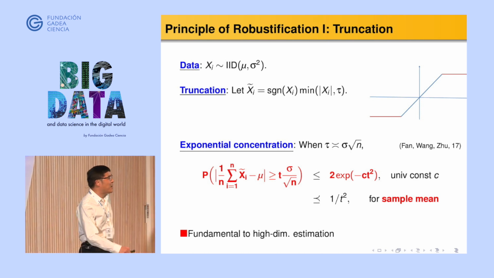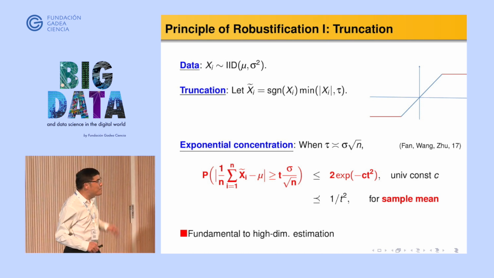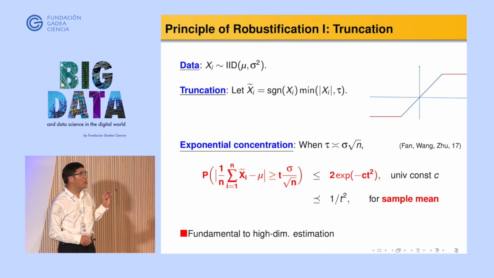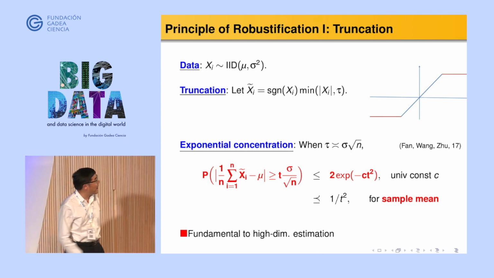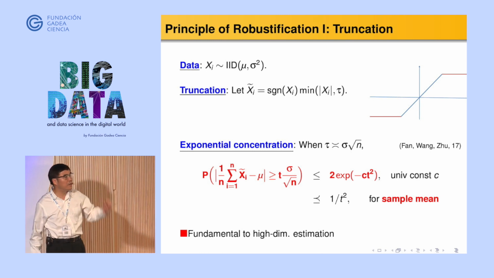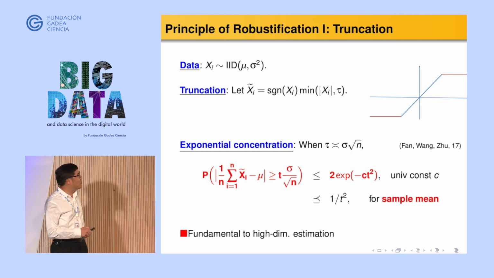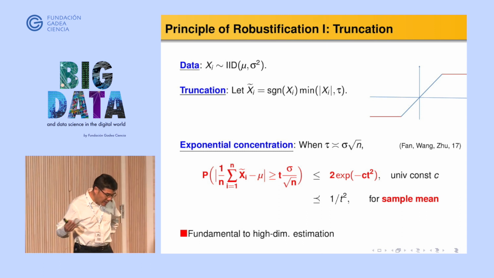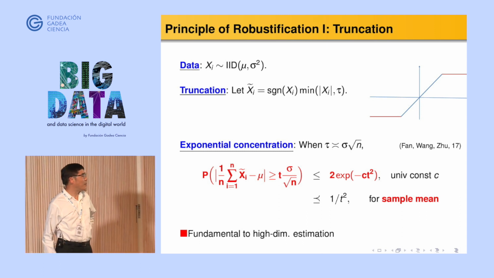Anyway, we basically say this. When you do high-level truncation at square root n times the standard error of your data, for an individual unit, one IID variable with mean mu and standard deviation sigma, what's going to happen?